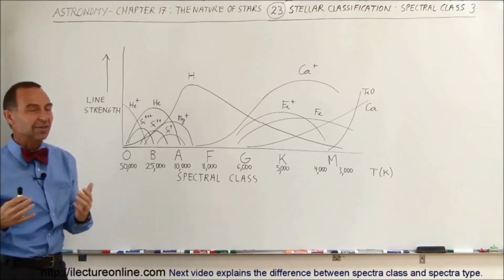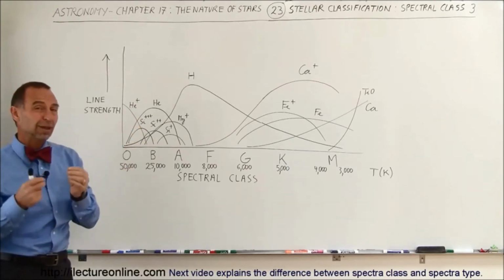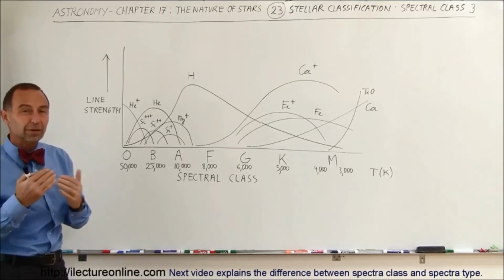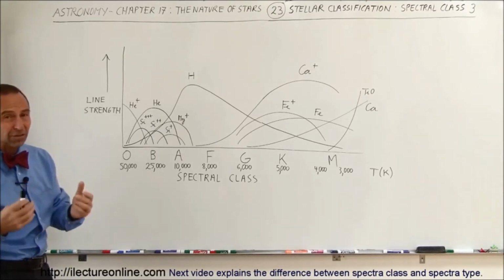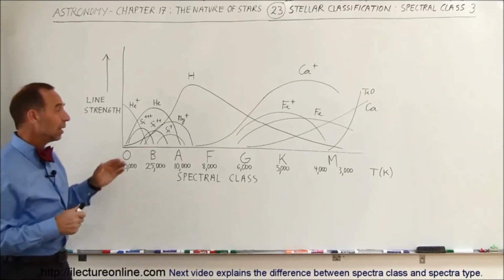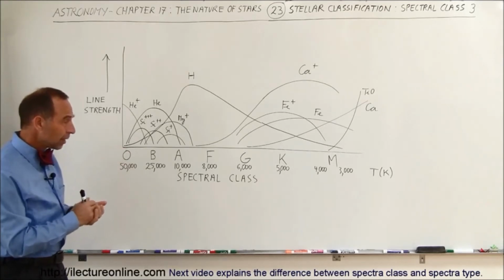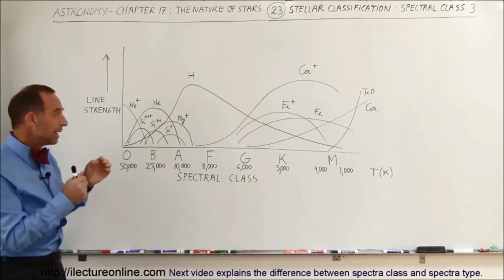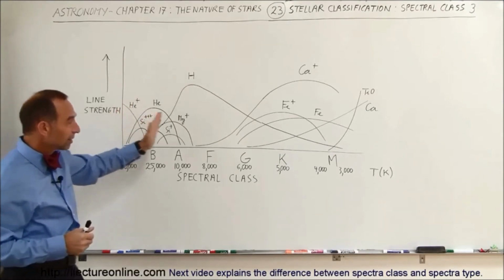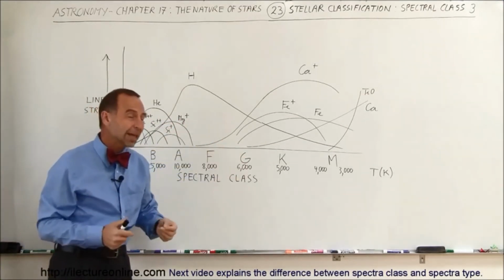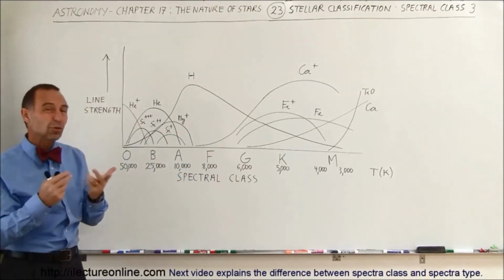It's not always an exact science. A lot of these are approximations. Sometimes they're difficult to see because of the relative abundance of some of these elements in the stars, which makes it difficult as well. And it turns out that in order to do a good job of figuring out what type of star we're looking at, we look at the surface temperature using Wien's law.